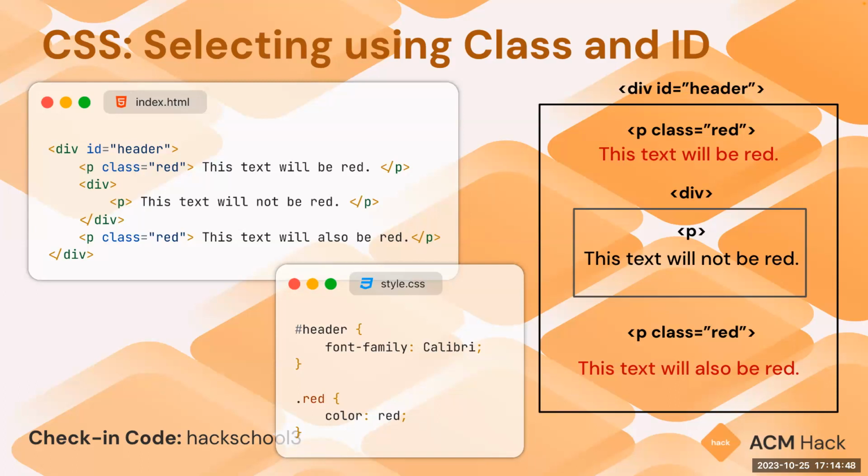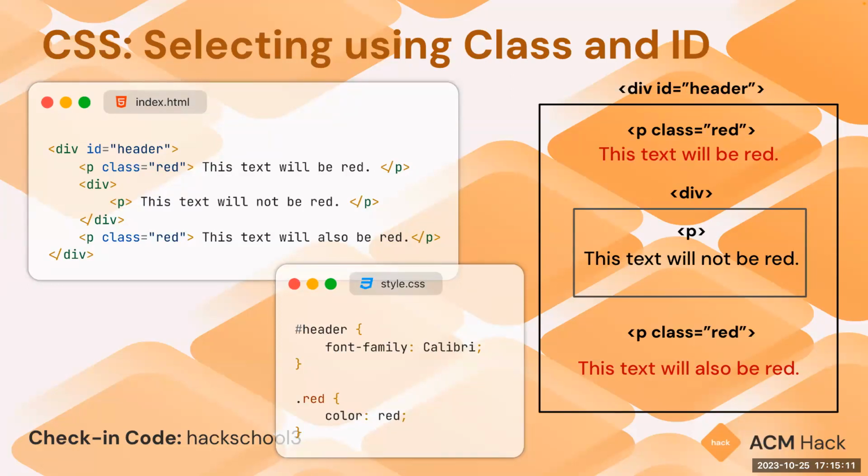And then for the one in the middle without the class red, it's black. So essentially for classes in CSS, it allows you to style multiple elements the same way. As you can see here, you use a dot operator, and then you do the class name, which here is red, and then color is the text red.